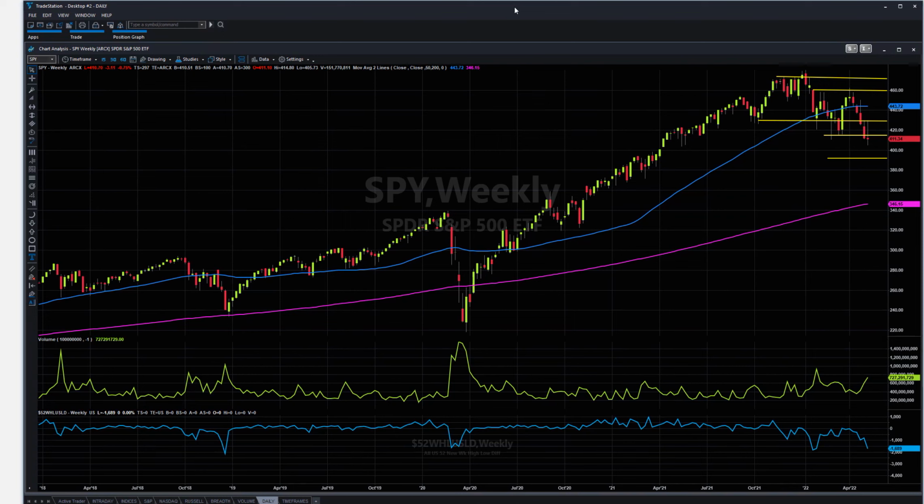This is a weekly chart, as you can see, of the spiders, the SPY. And it's important no matter what time frame you trade, even if you're a short-term trader or a day trader trading off a 1 or a 5-minute chart, you certainly want to know what's happening in the greater degree time frame, mainly because you don't want to be taking a position on one side of a stock or a market or a future and finding out that you entered that trade just as it was completing a counter trend rotation in a greater degree time frame, and the main trend in that greater degree time frame is getting ready to re-exert itself.